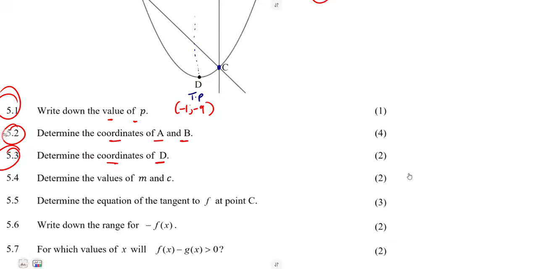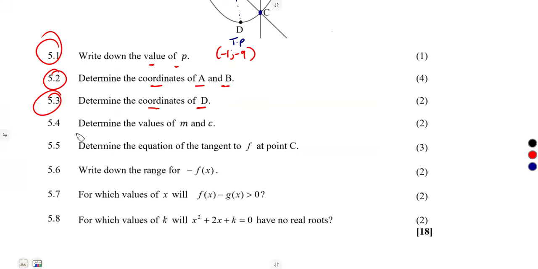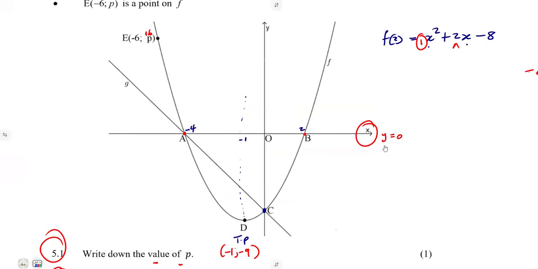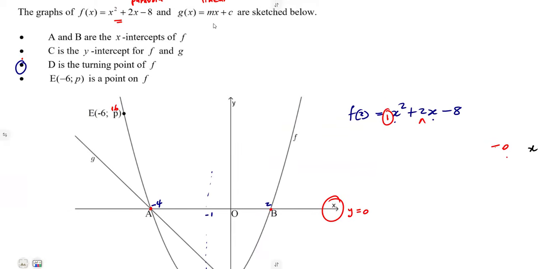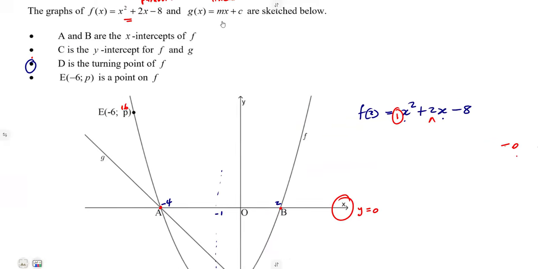Let us consider another part from our question, 5.4: determine the values of m and c, for 2 marks. M and c are from g(x). If we consider our linear function that we are given, that is where we have m and c.